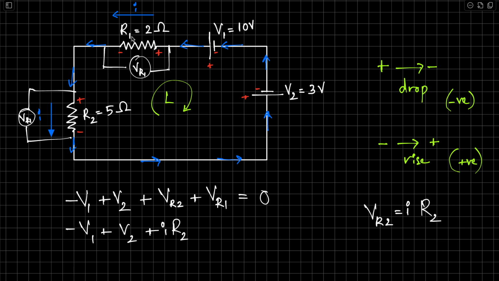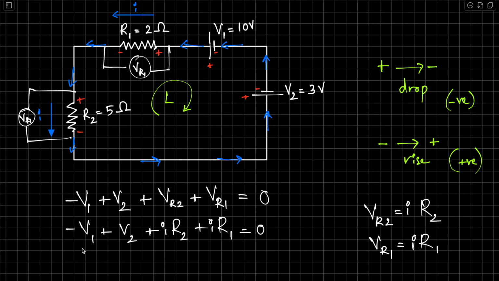What about R1? Voltage across R1 is the current flowing through R1, which is I, times the resistance of R1. Plus IR1 equals 0.